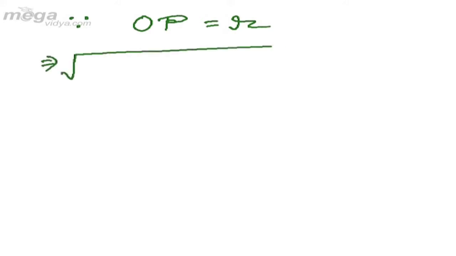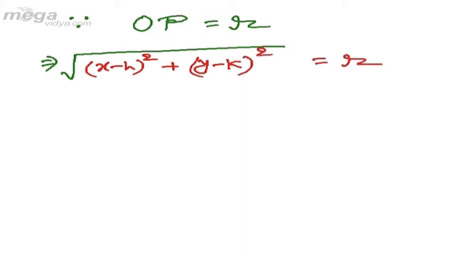According to this definition, the distance between O and P is r, that is OP = r. Now using the distance formula, we can write root under (x − h) whole square plus (y − k) whole square is equal to r.